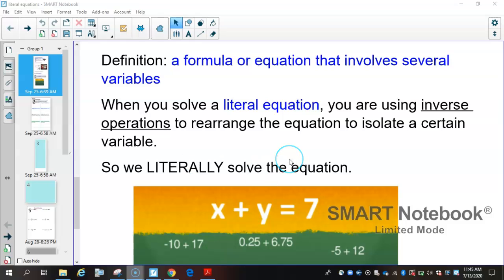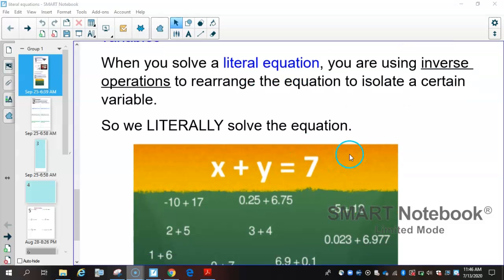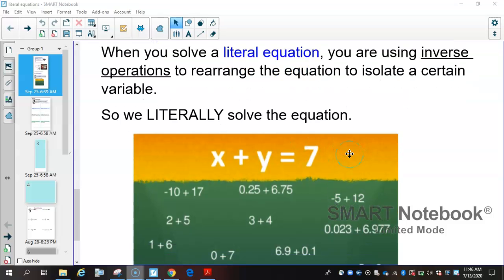If the literal equation has more than one variable, we are solving for just one variable in the same way we would solve a multi-step, and we will still have other variables in the equation. So it's a little weird. We literally solve the equation, just like a multi-step equation. We just pretend the other variables are numbers we don't know.